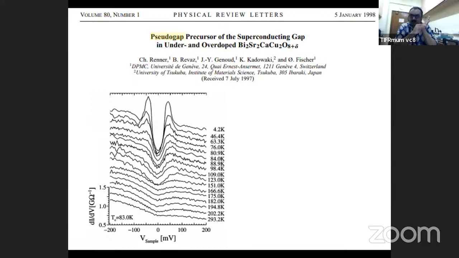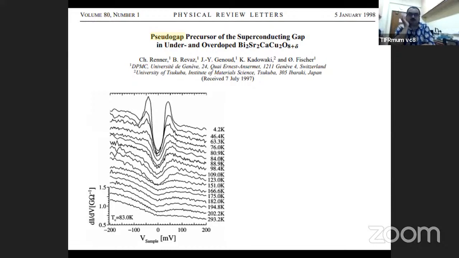Because earlier, from its discovery in 1911 to about 1986, for about 70 plus years, the superconducting transition increased gradually from 4 Kelvin to, let's say, 23 Kelvin or so in the 60s, and then it remained saturated there for a very long time.